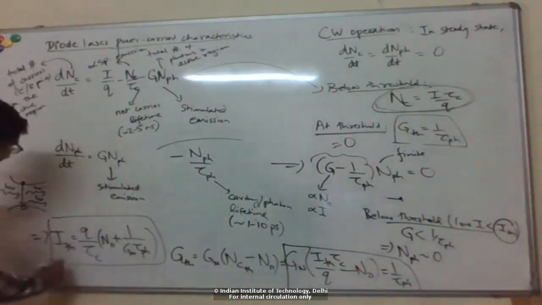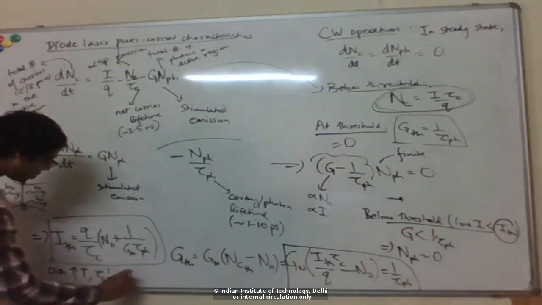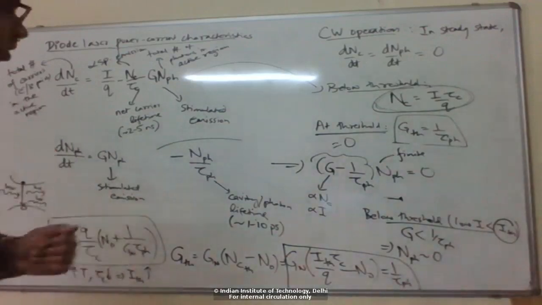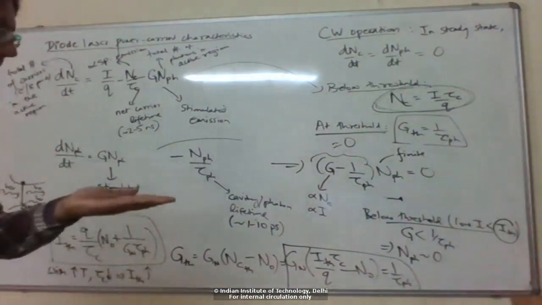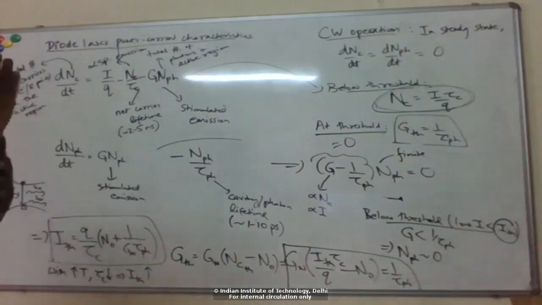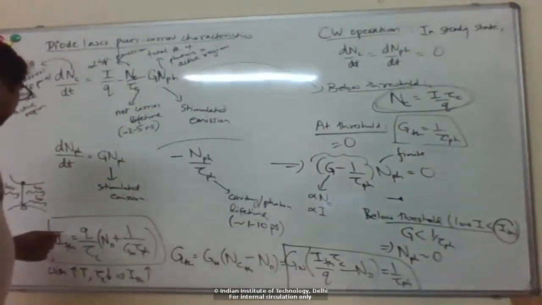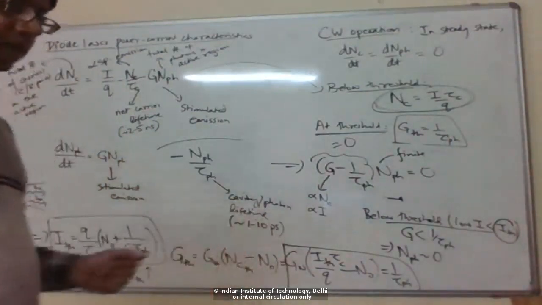So with increasing temperature, tau c goes down. This implies the threshold current goes up, which is bad for my device. So typically, these lasers come with a temperature controller on the mount, so that you control the temperature to a particular value, because the device performance keeps degrading with increasing temperature.